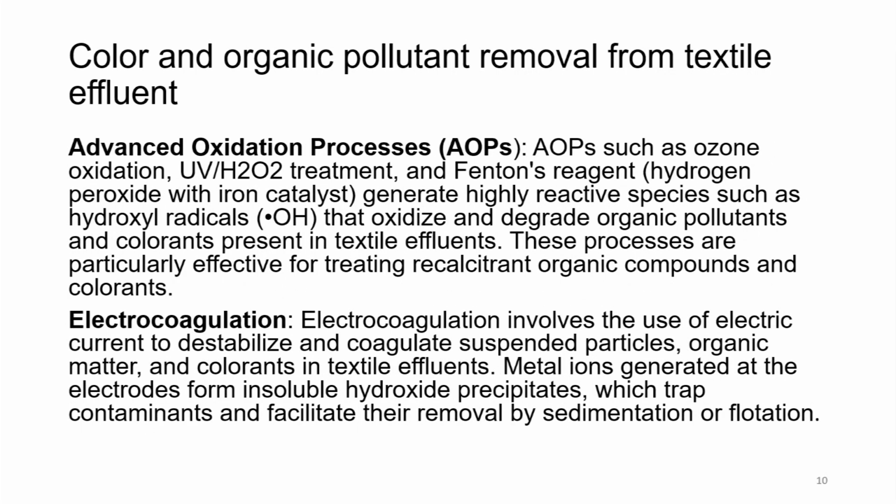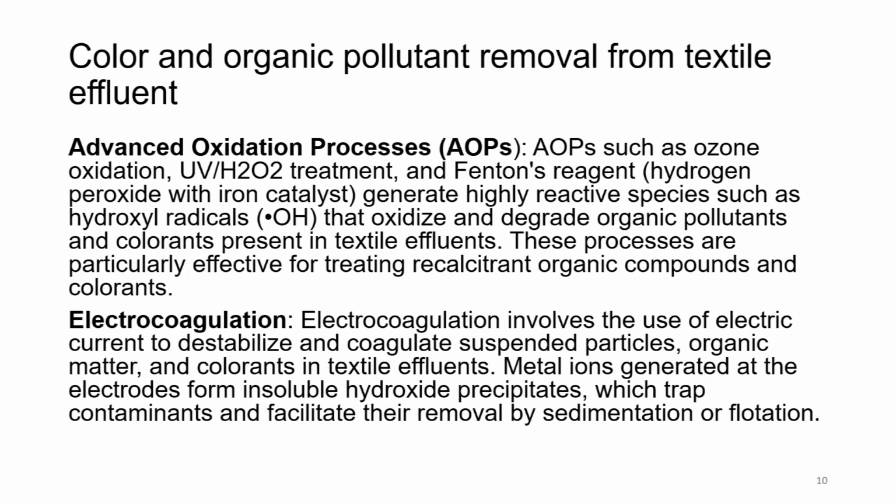Advanced oxidation processes. We had fleetingly seen the mechanism of AOPs. AOPs such as ozone oxidation, UV hydrogen peroxide treatment and Fenton's reagent, hydrogen peroxide with iron catalyst, generate highly reactive species such as hydroxyl radicals that oxidize and degrade the organic pollutants and colorants present in the textile effluent.